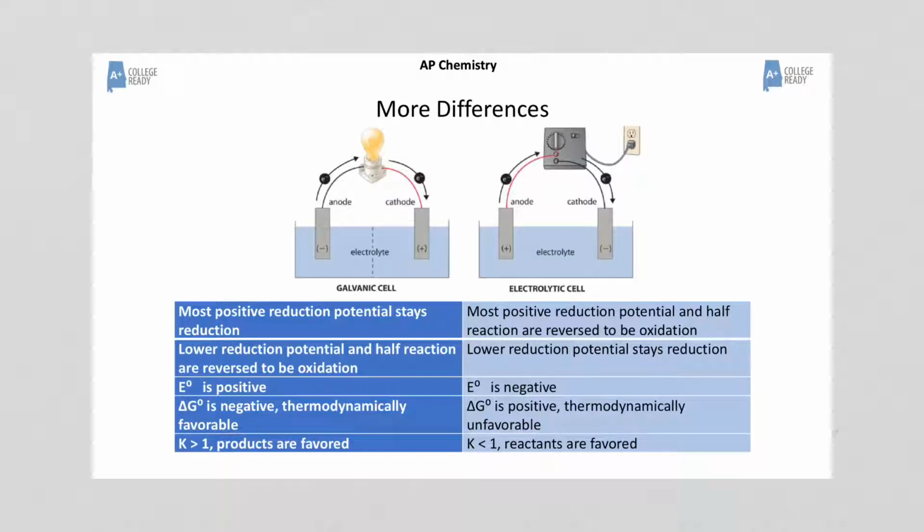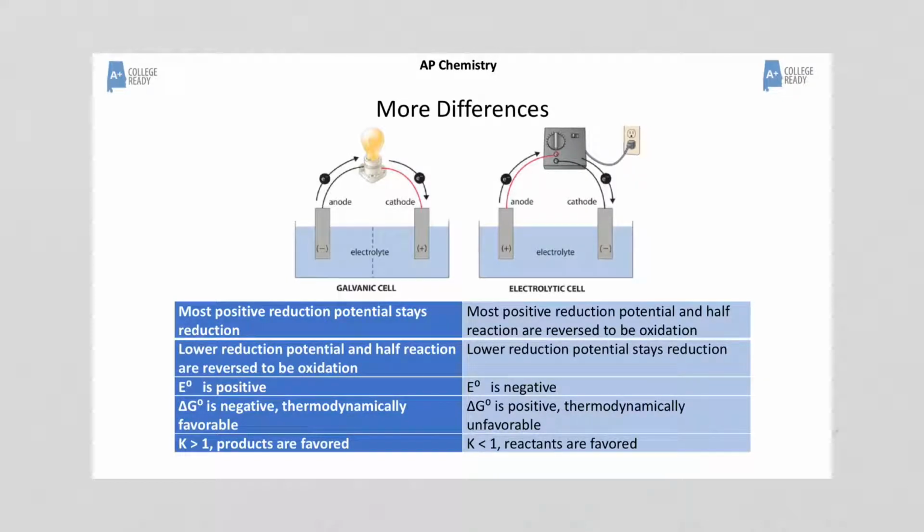Other differences, and this is what we're really going to focus on. These are pretty important. These aren't as obvious; you can't see these from the drawing. If you go back to galvanic cells, so far every time we've looked at one, we've taken the highest or most positive reduction potential as the reduction, and the lower value is the half reaction that we reversed to be oxidation.